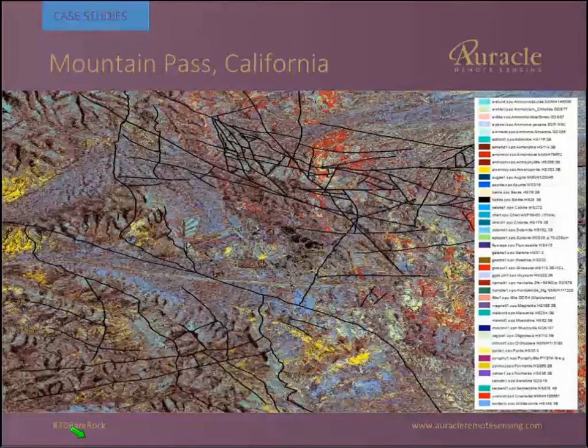This is the same area, a larger look at the same area, and it contains the same features, the mine here in the center, and you can see the highway underneath. But this has been classified.